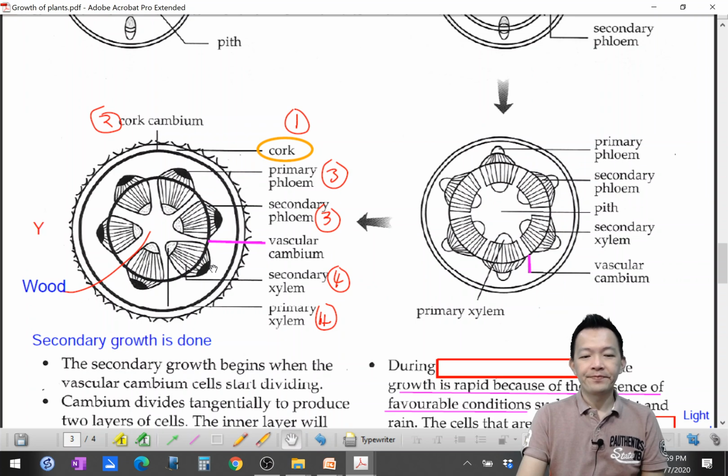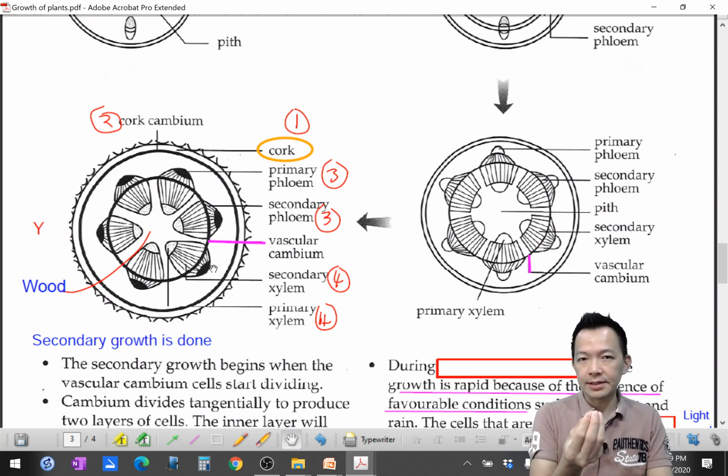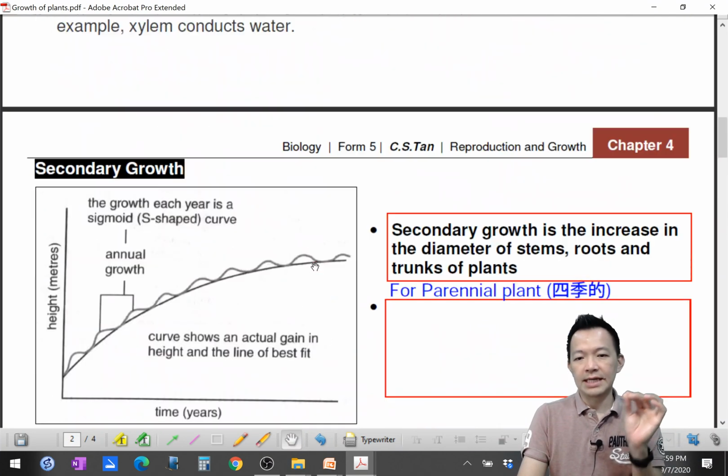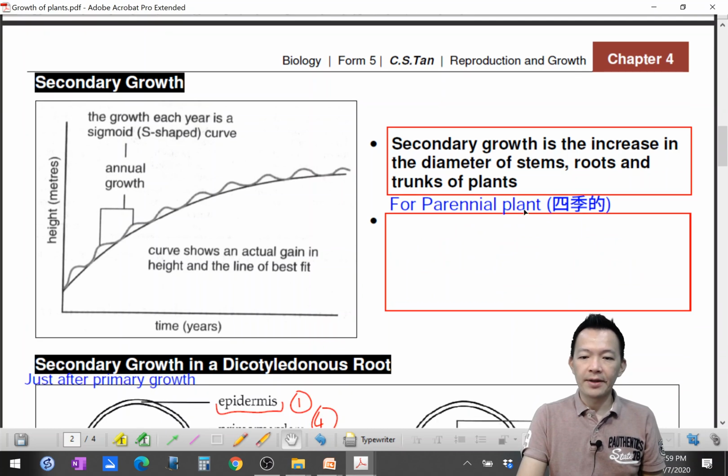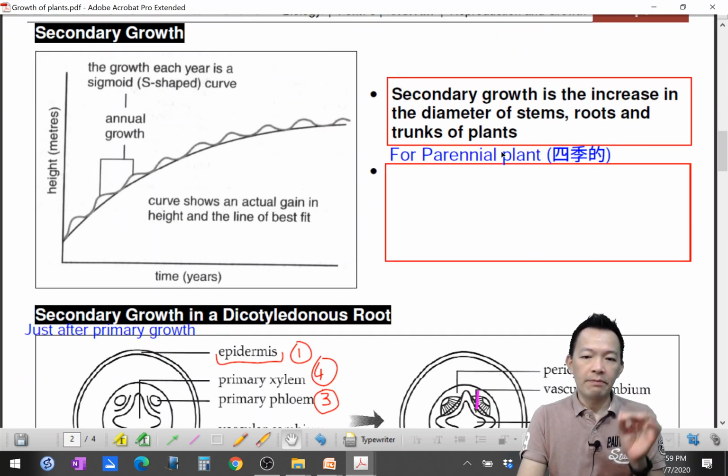But if you compare the tropical rainforest plant with plants from a temperate country, with four seasons, spring, summer, autumn and winter, these will be called perennial plants.